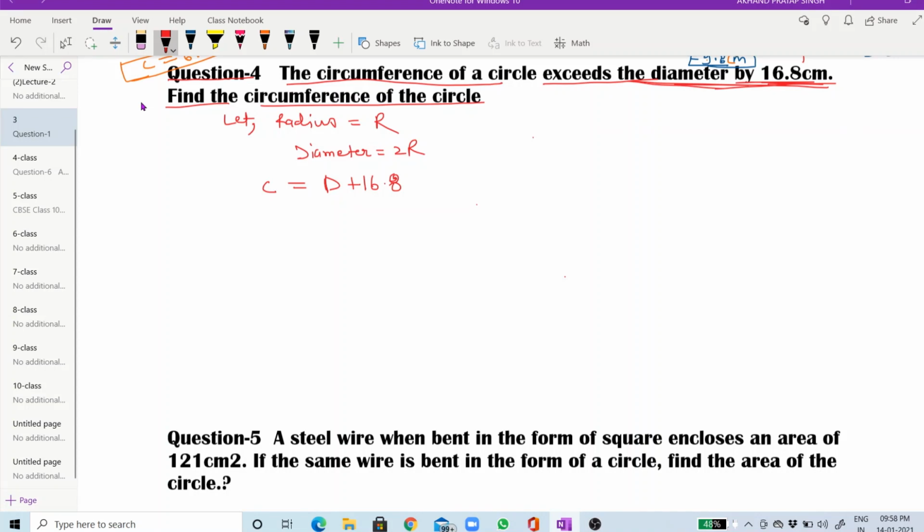So we put the value of circumference. We know that 2 pi r, and in the place of diameter the value is 2r plus 16.8.